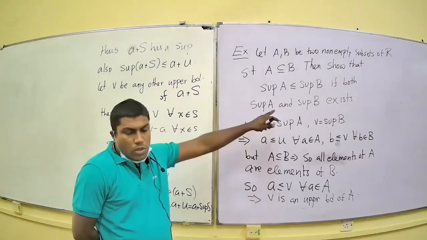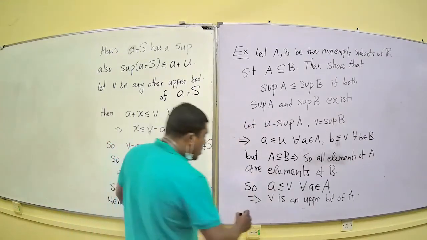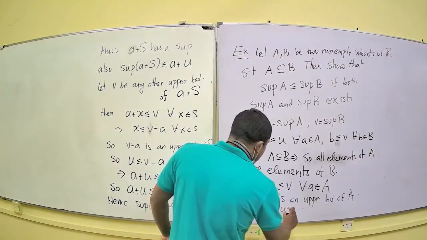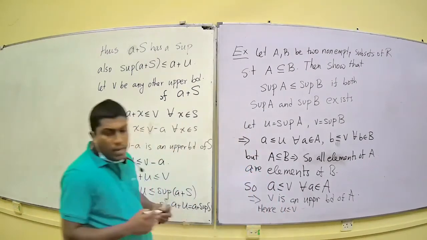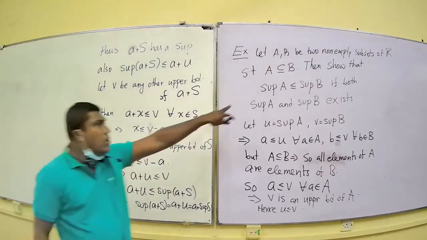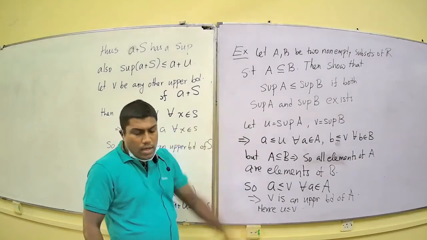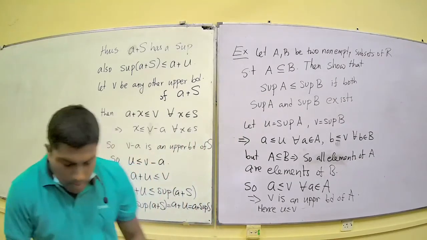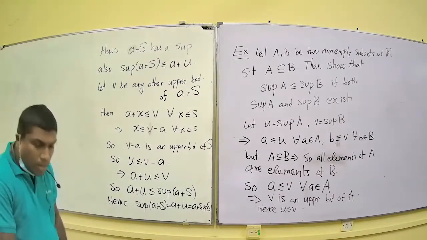B is an upper bound, but U is the supremum. Clearly, U must be less than or equal to B. Right? So that is what we wanted to show. Supremum of A is less than or equal to supremum of B.